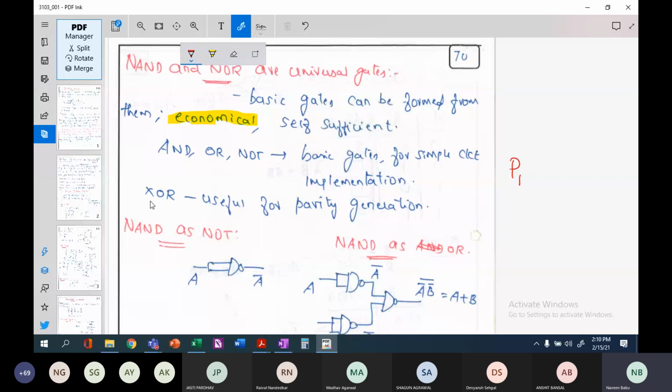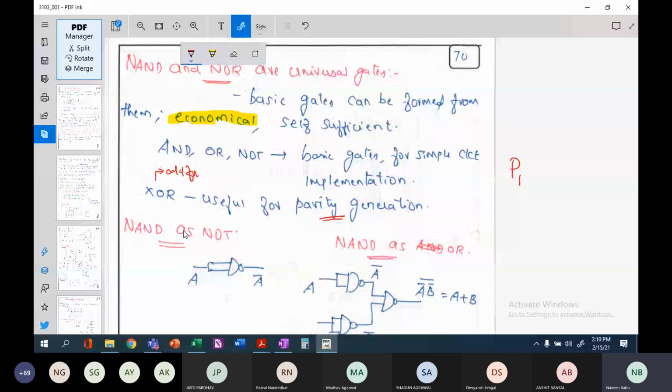If you remember, we explained that these XOR functions are also called odd functions. Why is this an odd function? Because they are very helpful in generating odd parity. So that is why we introduced XOR as an odd function gate also.